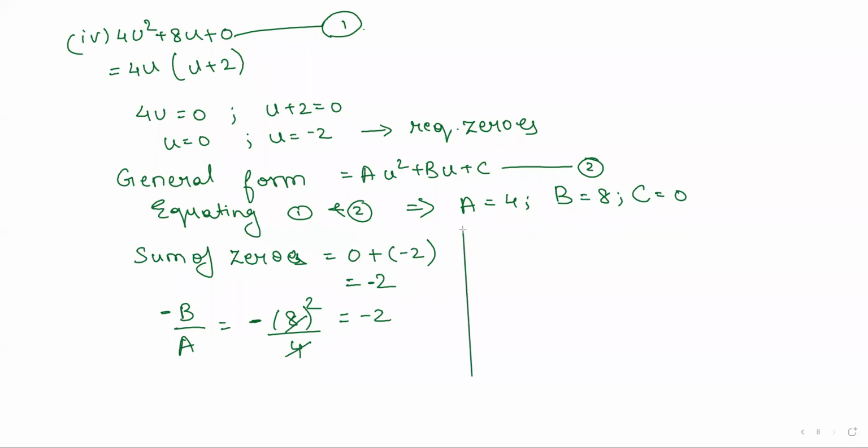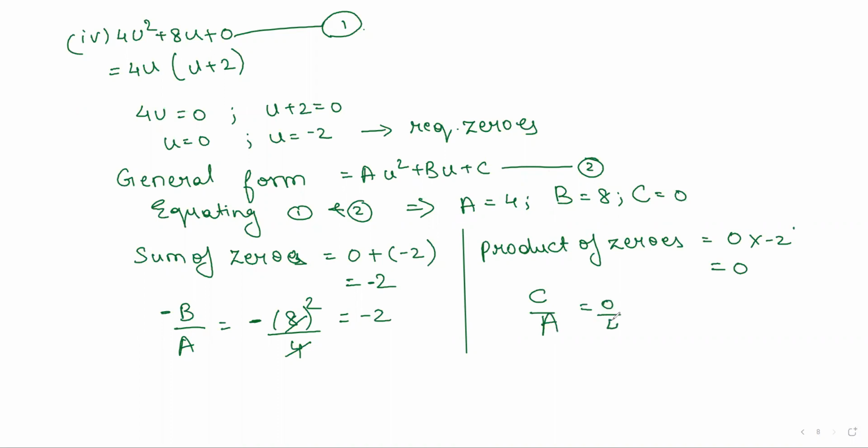Similarly, product of zeros. Product of zeros is equal to multiplication of 0 with minus 2. This is 0. And C upon A is equal to 0 upon 4, which is again equal to 0.